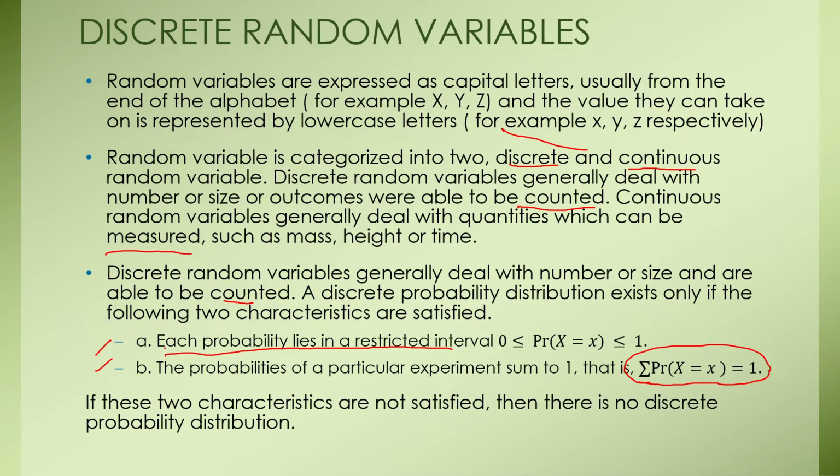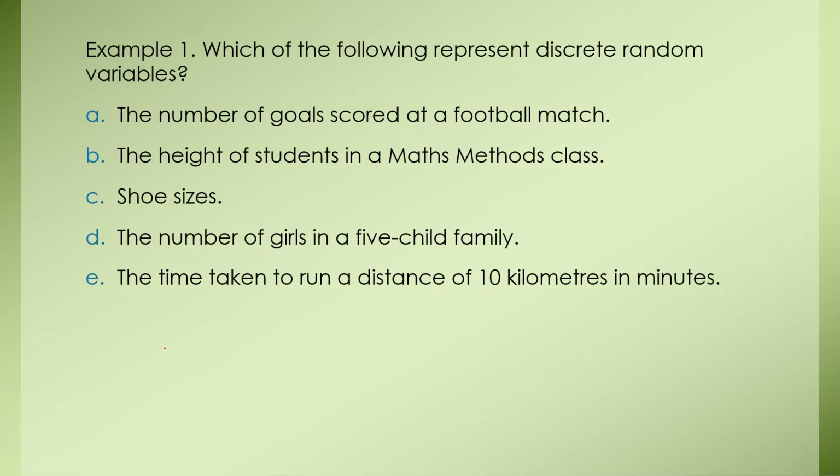All right, so let us have first this example. Which of the following represent discrete random variables? The first one is the number of goals scored in football. We could say that this one is discrete. Why? Because goals can be counted. So if that can be counted, this is a discrete random variable.